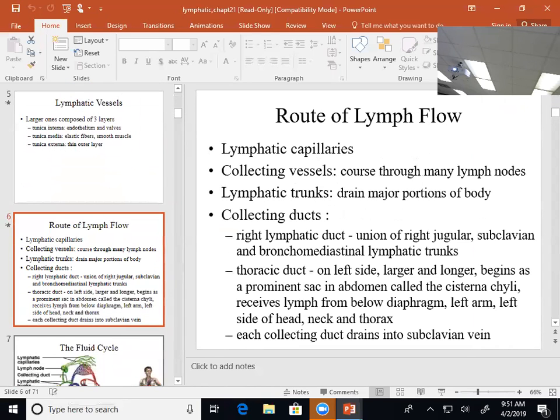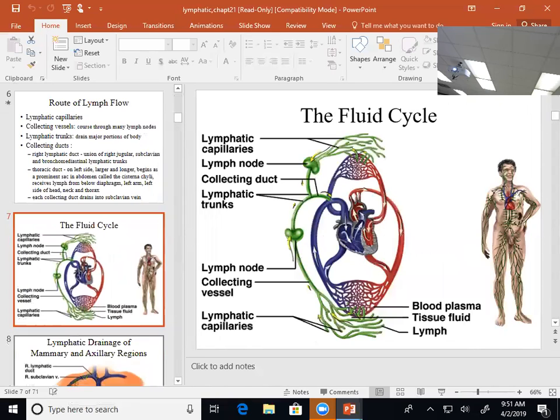I'm not going to ask you to know this anatomy, but would it make sense to you that these capillaries, which are microscopic, just like our blood capillaries, one cell layer thick, so tiny that red cells have to move through single file, enter into slightly larger and less numerous vessels until they're pretty big lymphatic vessels, until they actually empty back to the bloodstream. So lymph comes from blood plasma.